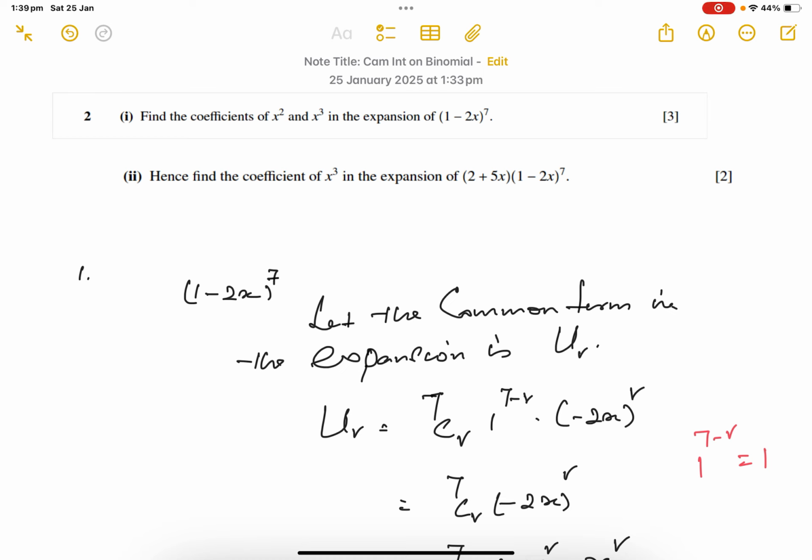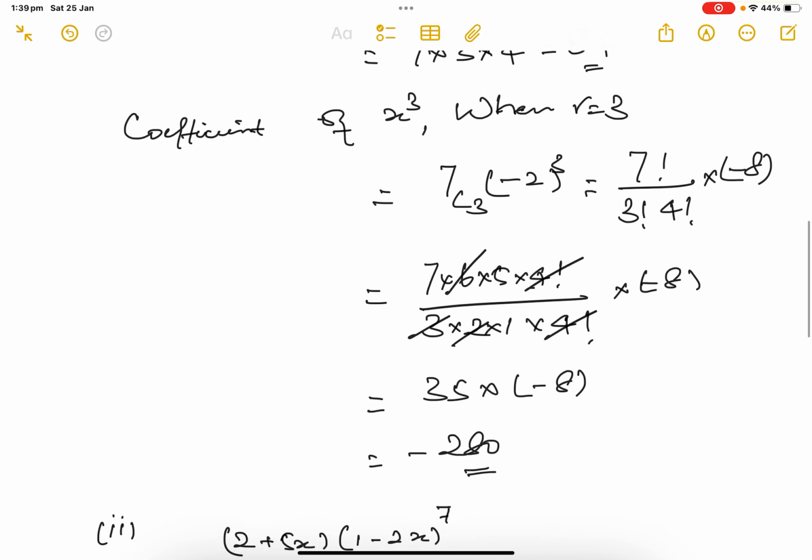Then the 5x, x to the power 1, and the coefficient of x squared times 5 will give you the x cubed coefficient as well. Add the two together to give the coefficient of x cubed.